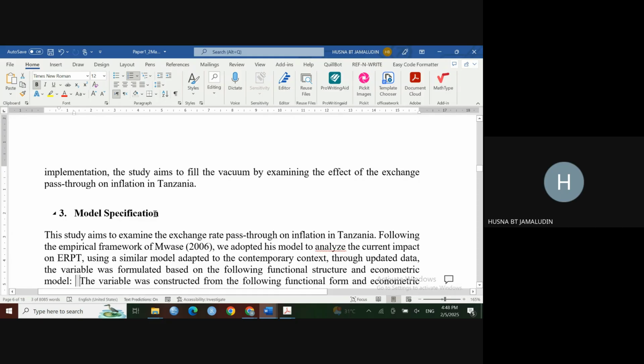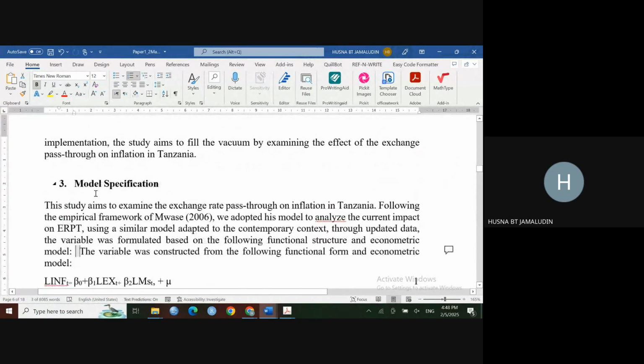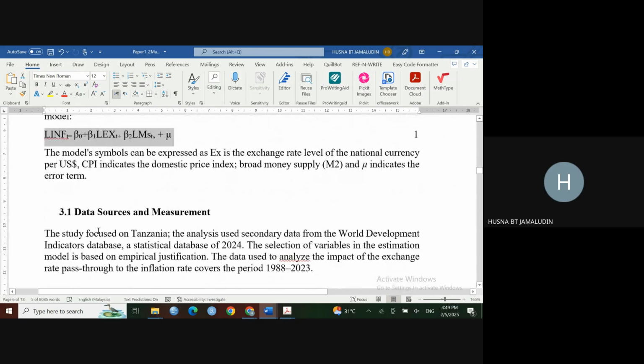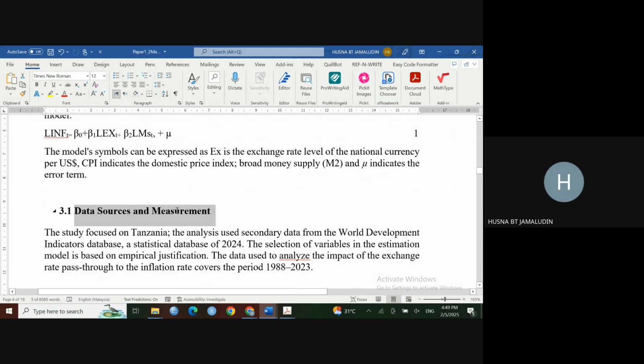And then after data and method, you shouldn't jump into model specification, because in order for you to come up with this model, you have to know what the source of your data is, right? So before going to model specification, this will be later. What you can do is mention the data source and how you measure it. So your data source, how do you collect the data? From the World Bank, and so on.